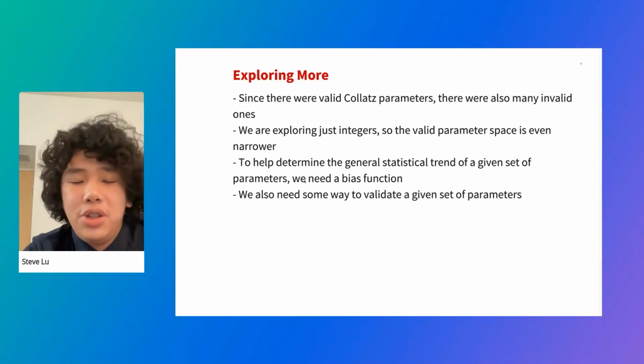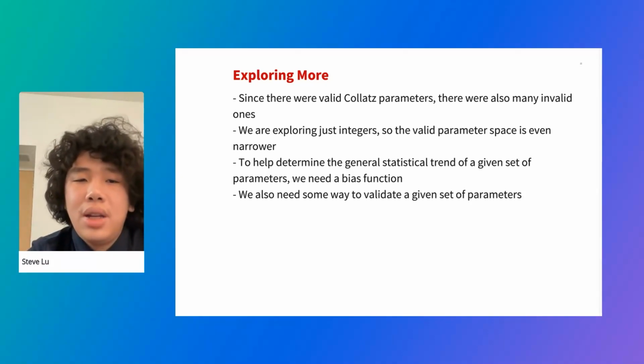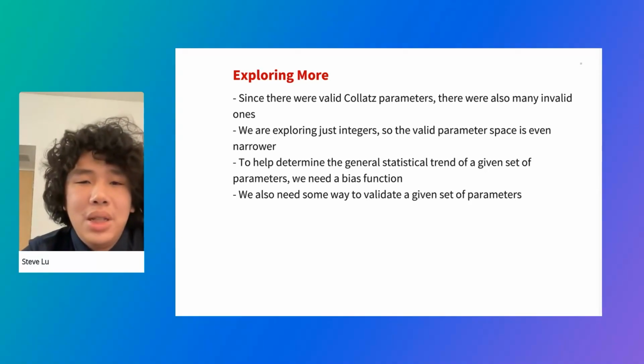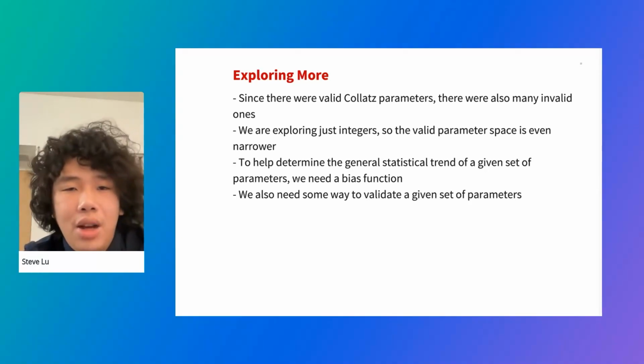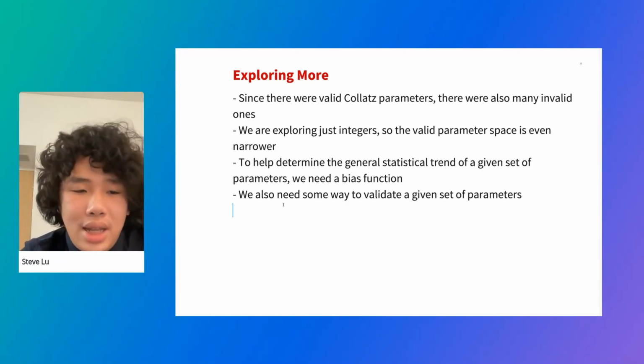We need a bias function, in short, because if we don't, we're going to end up with a lot of functions that don't really come close to being neutral. And having a bias function means that we can estimate how neutral the function is, and that would allow us, after generating a few certain sequences, to explore more details, like what does it look like.